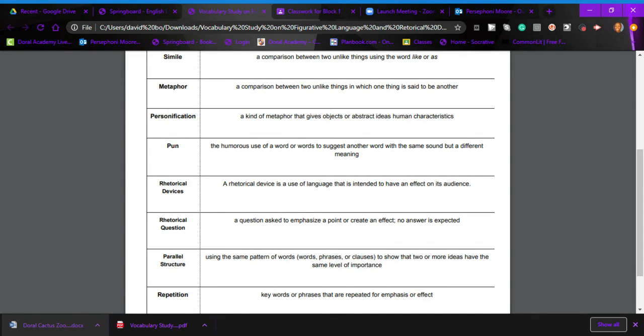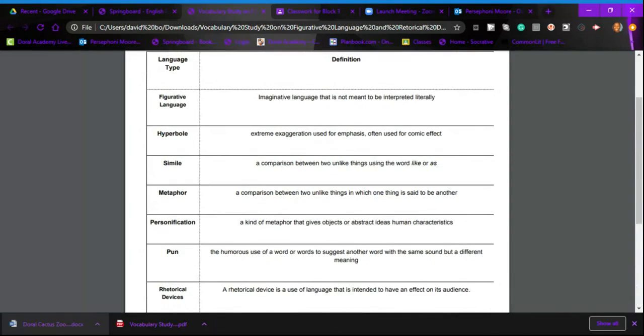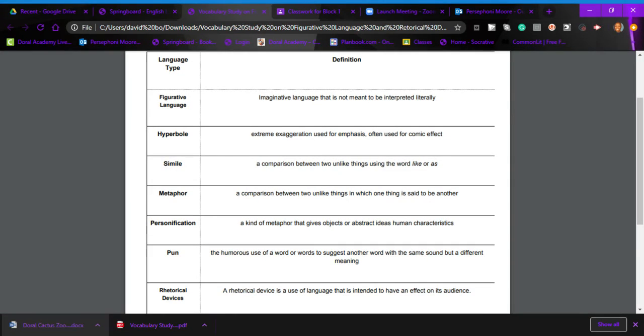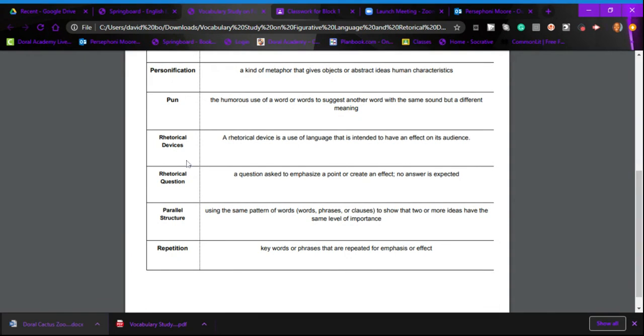So again, for your vocabulary challenge, you are going to take some figurative language. Let's say for figurative language, I would like you to choose 3 of these. So either a hyperbole, simile, metaphor, personification, or pun. 3 types of figurative language. And then for rhetorical devices, I would like you to use 2 rhetorical devices.